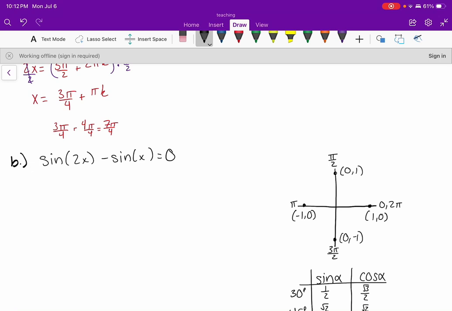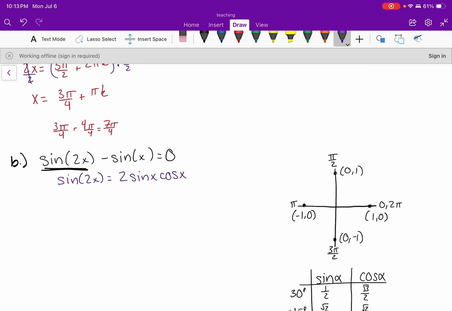So when I look at this, there is an identity for sine 2x. There's something I can replace this with. So if you go back to your identity sheet, remember that is on our Canvas page, if you're watching this video and taking this class with me, of course. It's the double angle identity, so it says sine 2x is equal to 2 sine x cosine x.